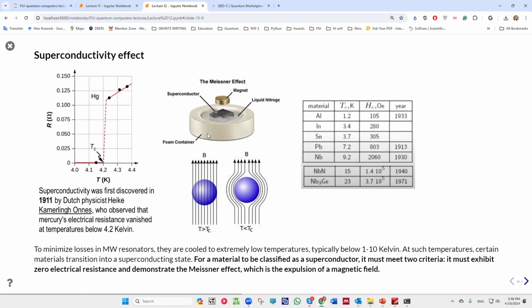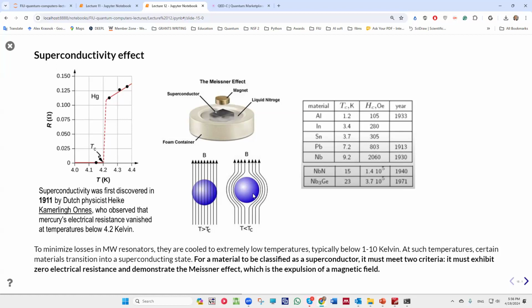Another effect, which is associated with the superconductivity effect, is the so-called Meissner effect. The Meissner effect consists in the fact that in the superconducting state, the material repulses the magnetic field from its bulk to the external area like this.